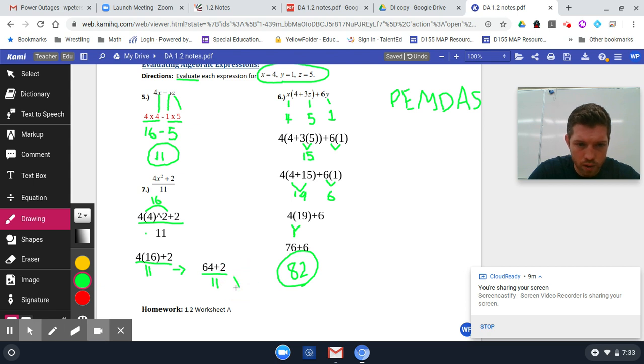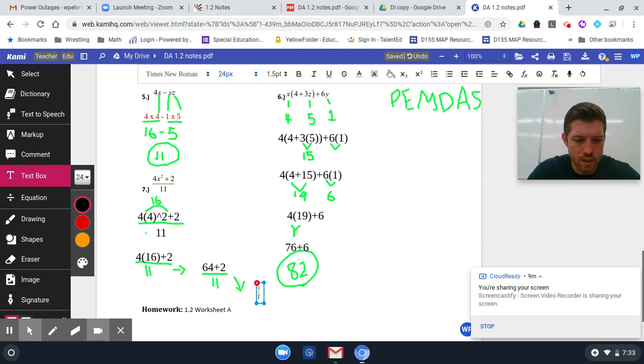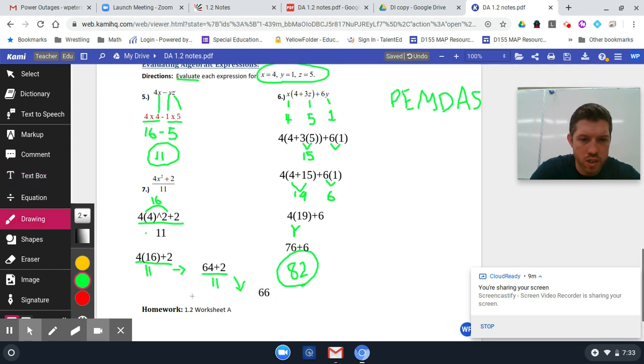So I'll go down here with that. And then ultimately, we're left with 66 over 11, which is divided by 11. And 66 divided by 11 is going to be 6. So your answer is going to be 6 there.